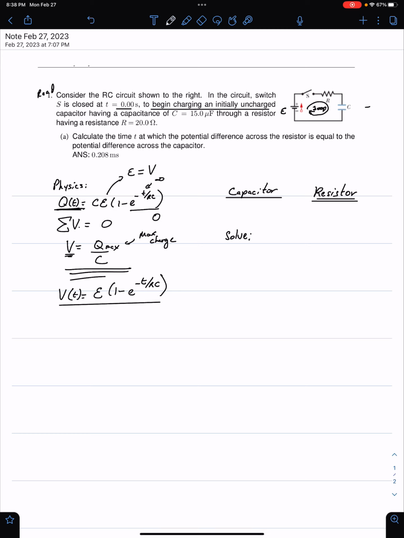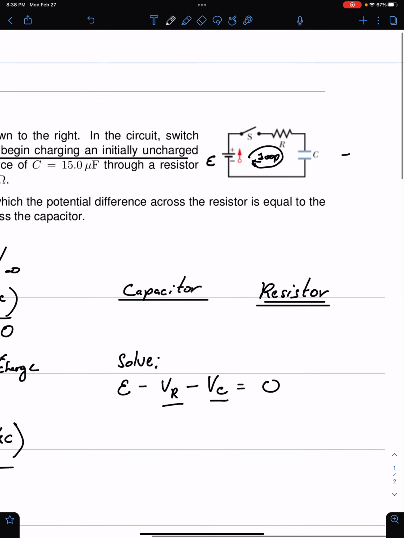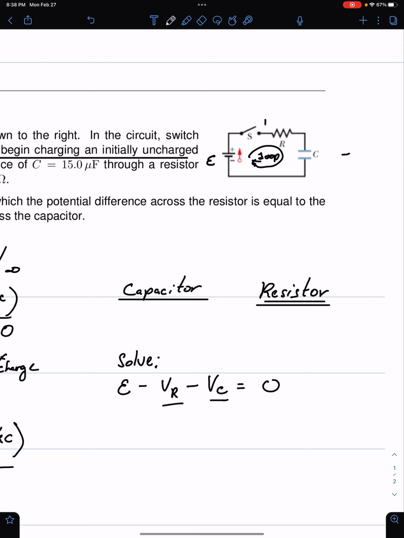And we have EMF minus the voltage across the resistor minus the voltage across the capacitor is equal to 0. Remember, there is a potential drop every time you pass through it because, as we noted before, current always goes from high to low.